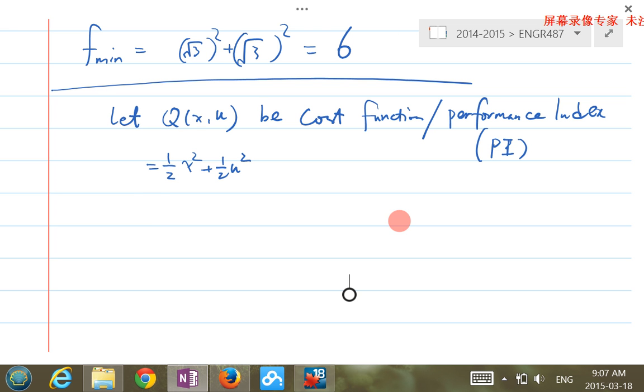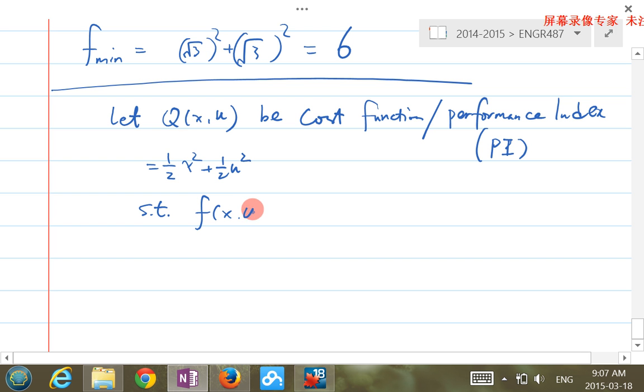And then subject to a constraint. Let's say the constraint is this. This is not necessarily the best constraint. Later, when we have a dynamic system, this is probably x dot equal to this. That's the dynamic system.